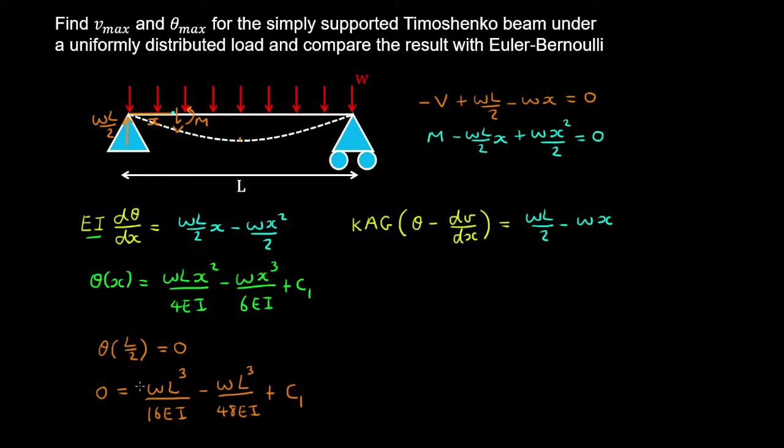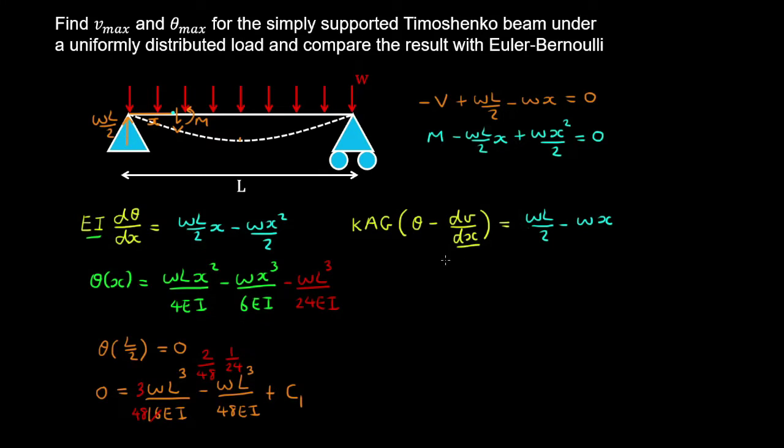And 1 on 16 is the same as 3 on 48, and 3 minus 1 is 2, so we get 2 on 48, which is 1 on 24. So therefore C1 is minus WL cubed on 24 EI.